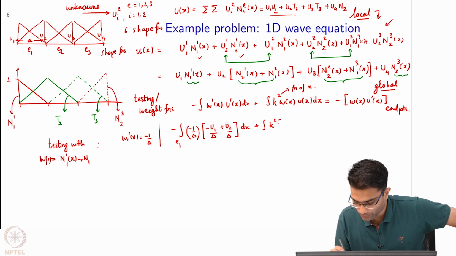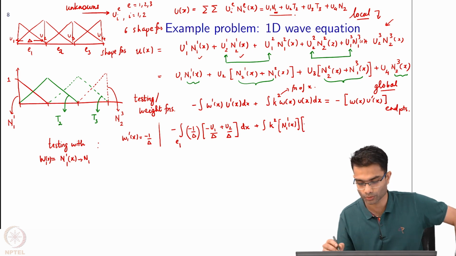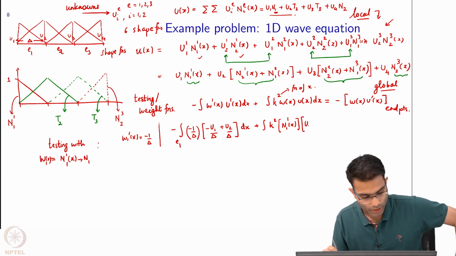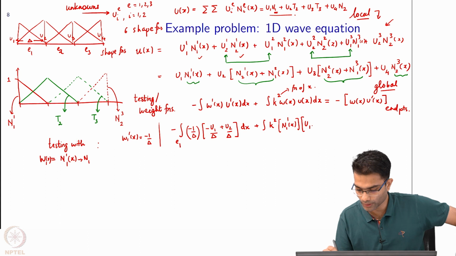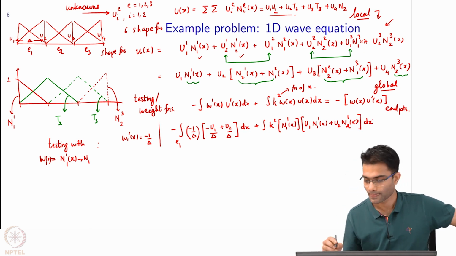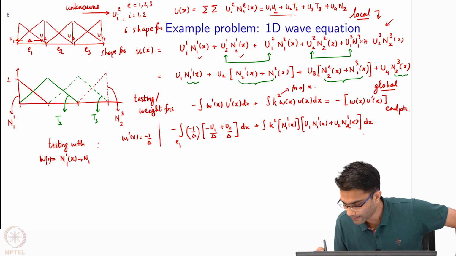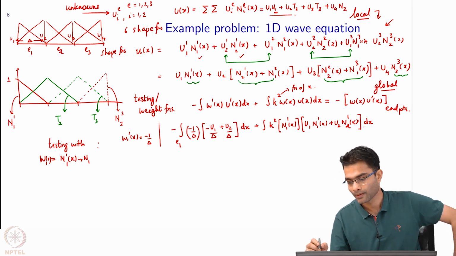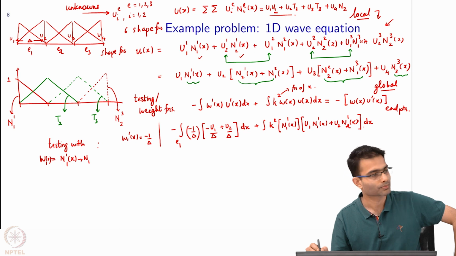It is the product of N1 x with the other two terms. So there's going to be u1 N1 x plus u2 N2 x dx, and the endpoints term.